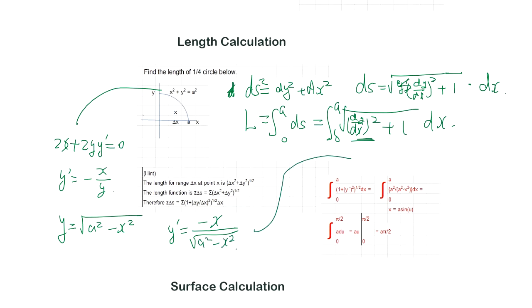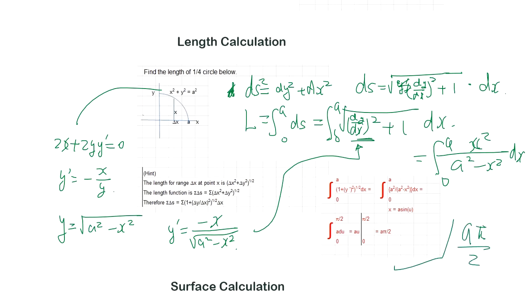You plug in this one here. So you get the square root of a square minus x square plus x square over a square minus x square dx. This integral you have to execute. Okay, so the answer is a pi over 2. So it's a quarter of the circumference. Circumference is 2a pi, and the quarter is this.